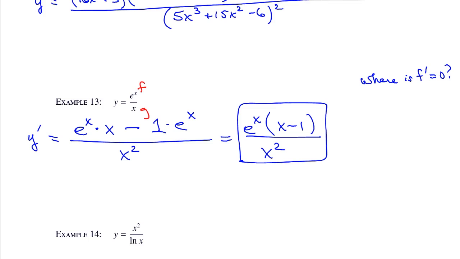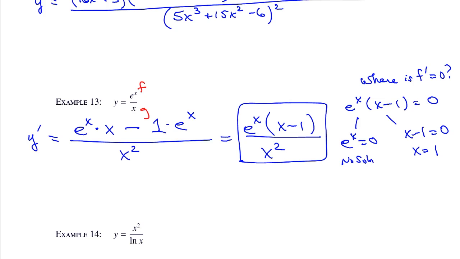Then you set the numerator equal to 0, and then you split this up. So this would be e to the x equals 0 and x minus 1 equals 0. Well, x minus 1 equals 0 gives you x equals 1. And then e to the x equal to 0 is no solution.